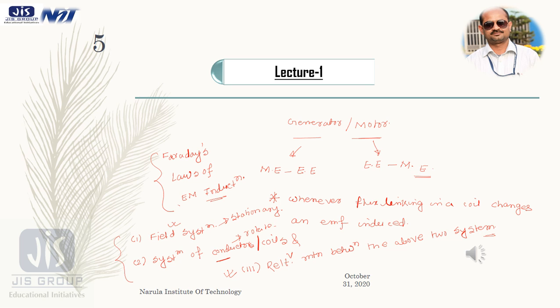Now, apart from getting the EMF induced, what else does a DC generator require? This induced EMF is basically an AC EMF, alternating in nature, and this is a DC machine. So what is my next motto?